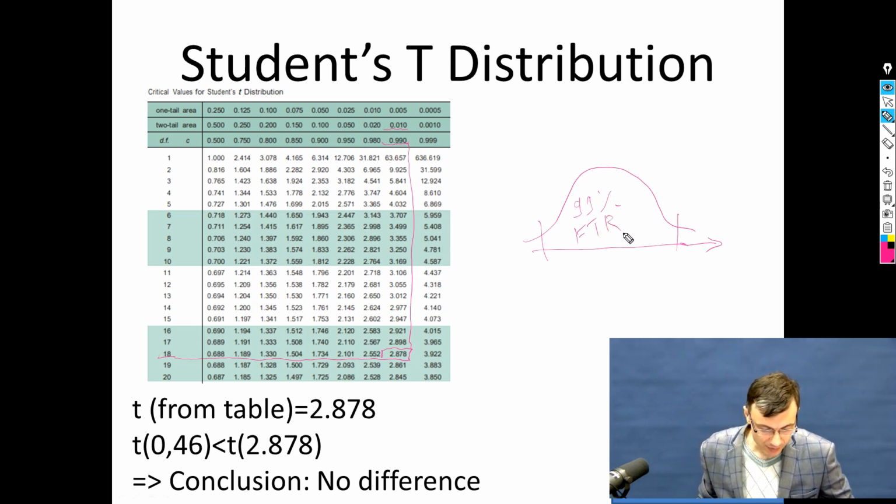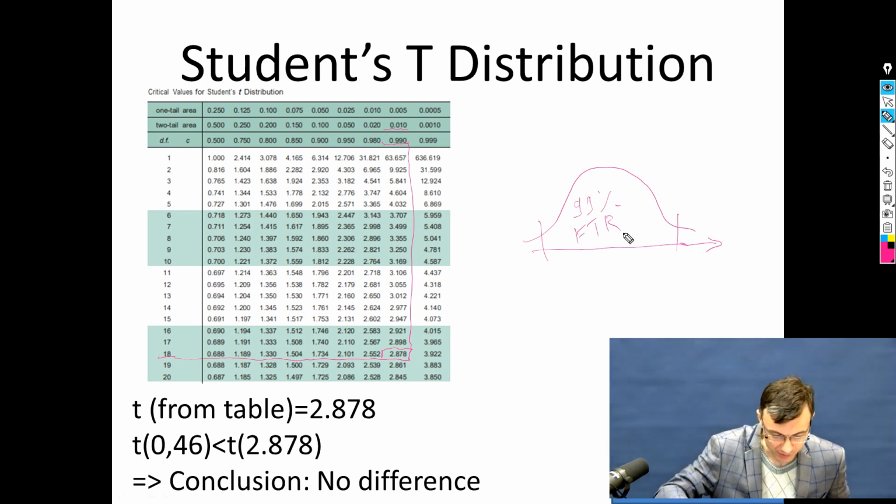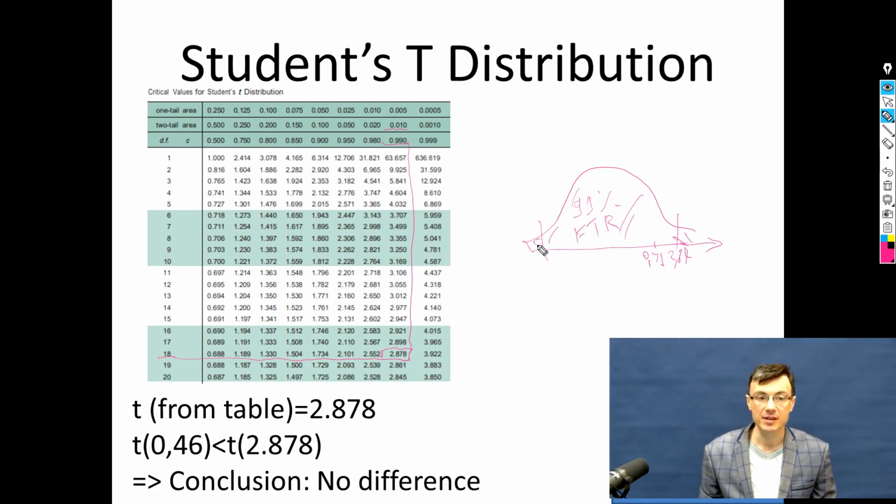Then we have our t-statistic, and we see that there is no difference because we have it like that. So there is no difference between the two methods of education that were applied to our two groups of students.